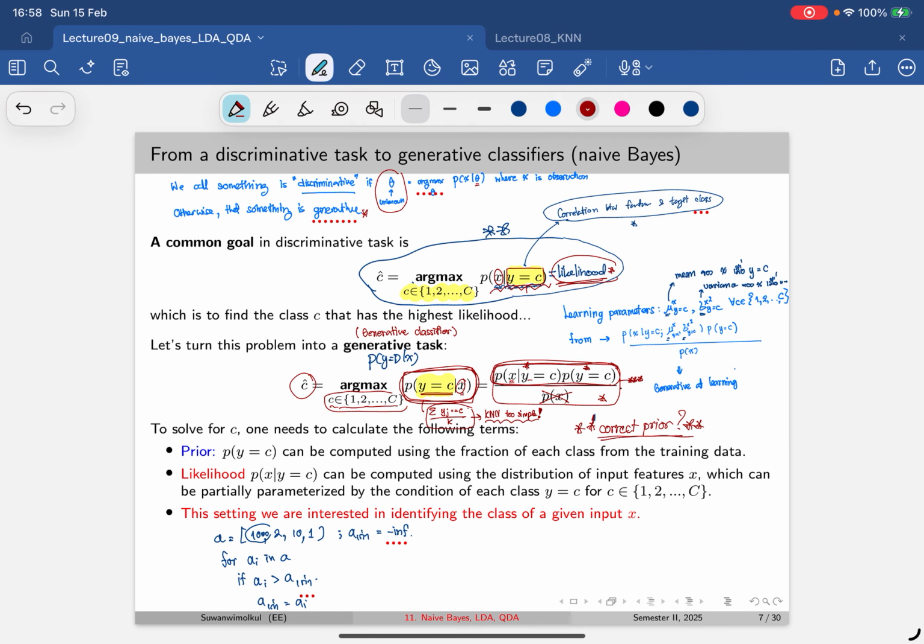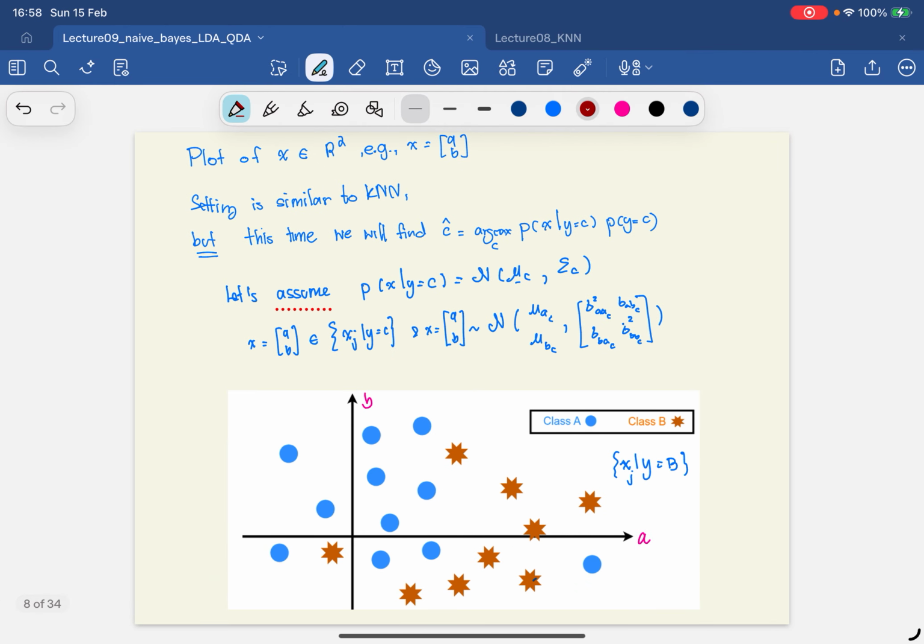Again, let's go back to the plot from K-nearest neighbor. We know that x_j is in two-dimensional space. You can write x as (a, b), where a and b are our coordinates.